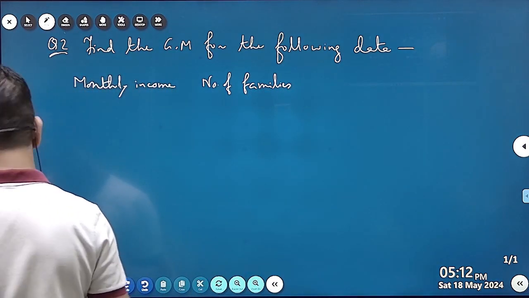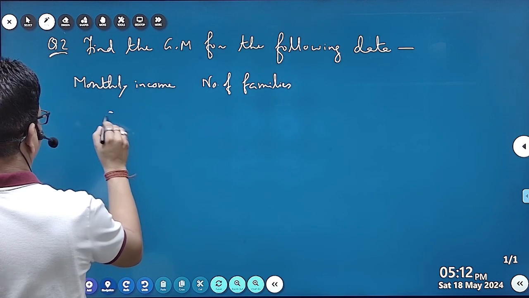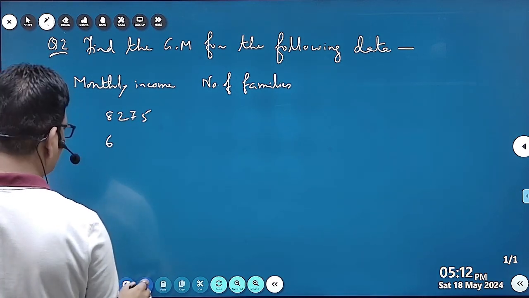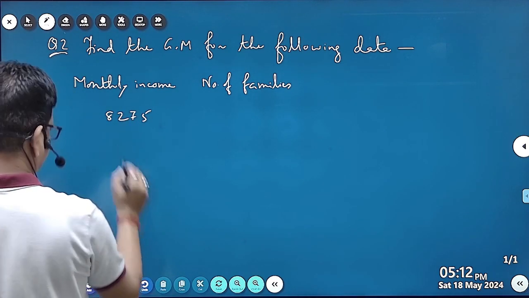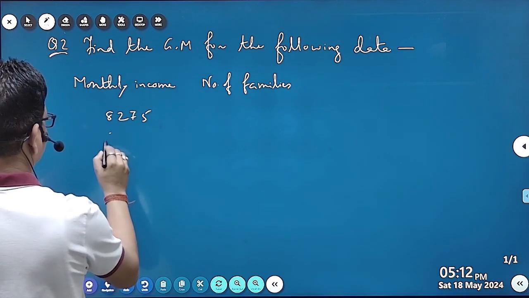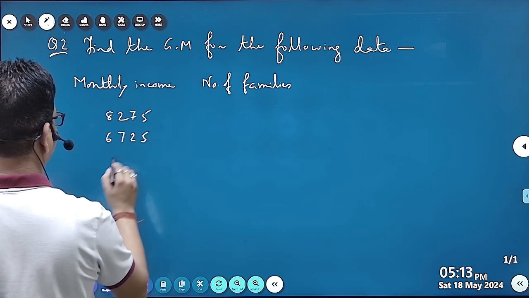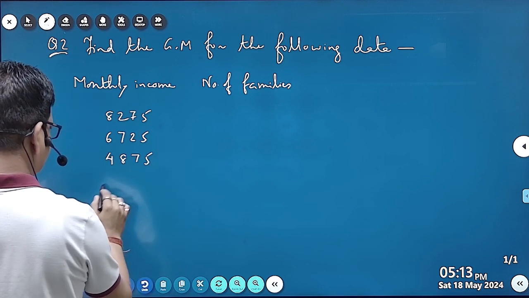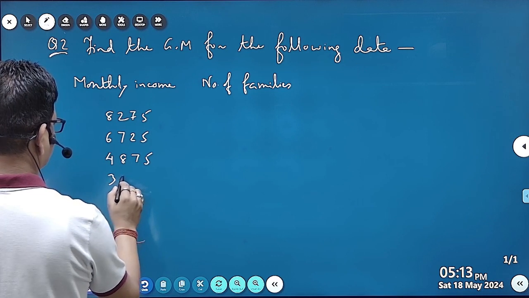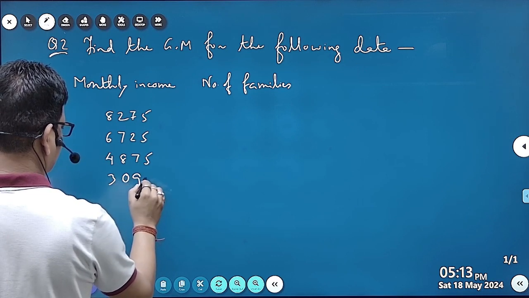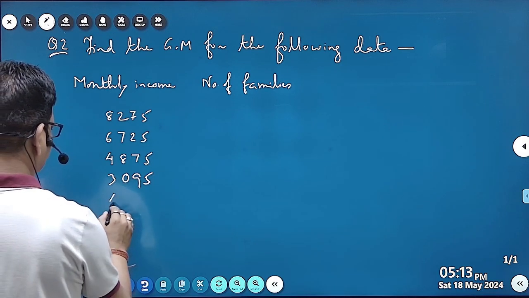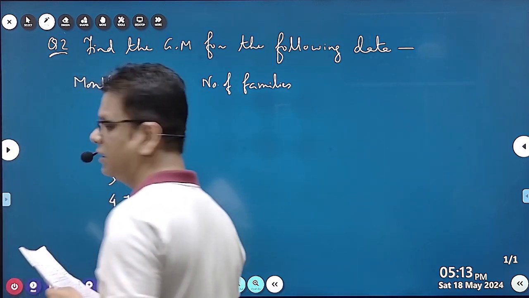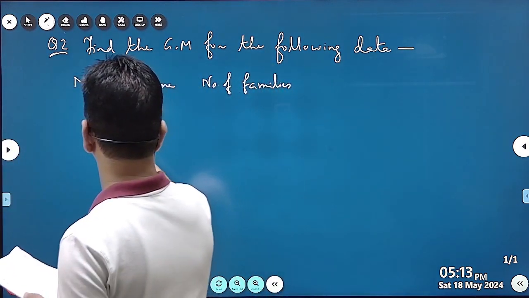So let us take the numbers like 8,275, 6,000, 6,725, 4,875, 3,095, and 4,750. Suppose these are the monthly incomes in rupees for some families.